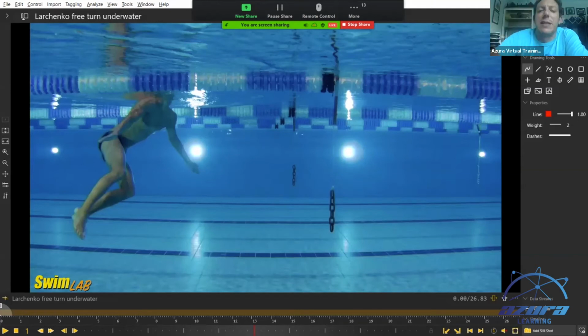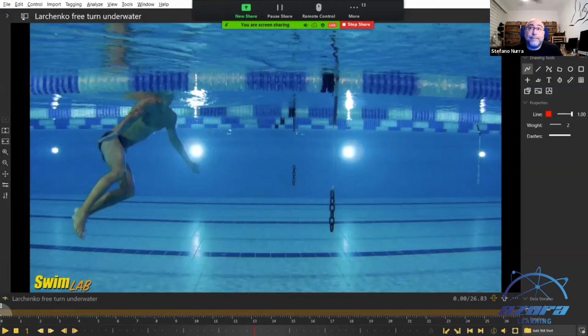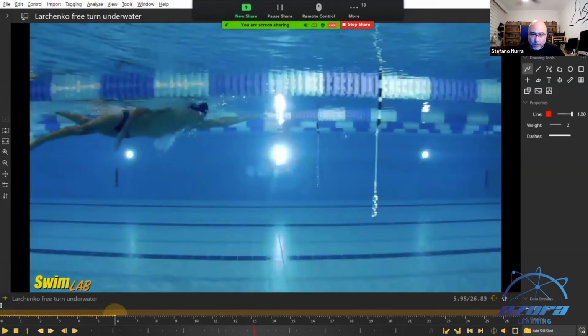Is this still active in today's analysis? Most of the swimmers are doing this kind of movement, but we already told there are a lot of kind of possibilities. Now I don't remember honestly this swimmer what he's doing.